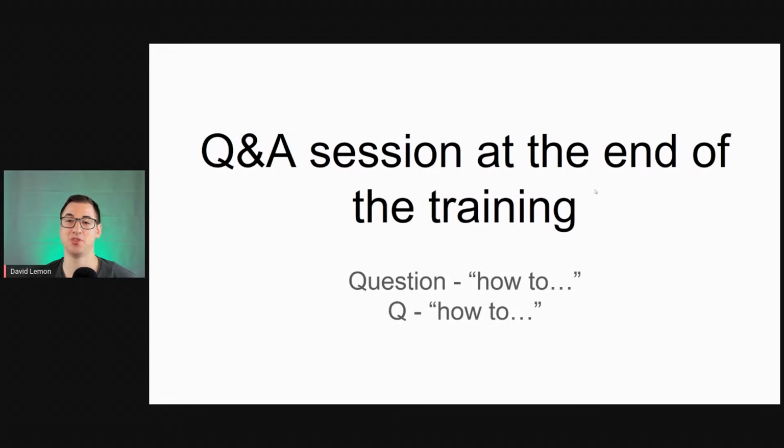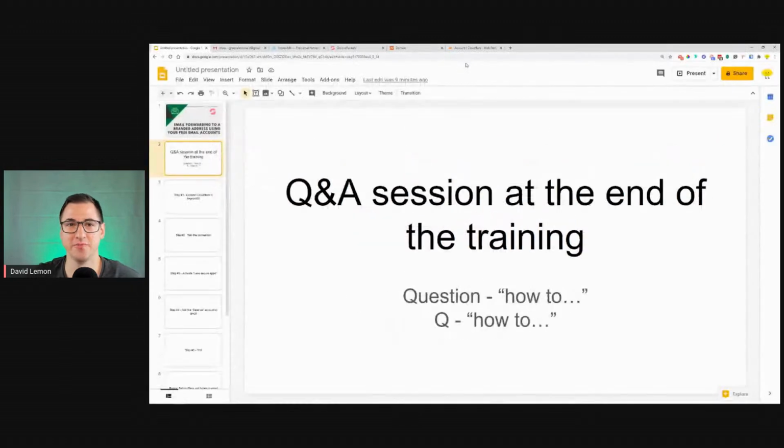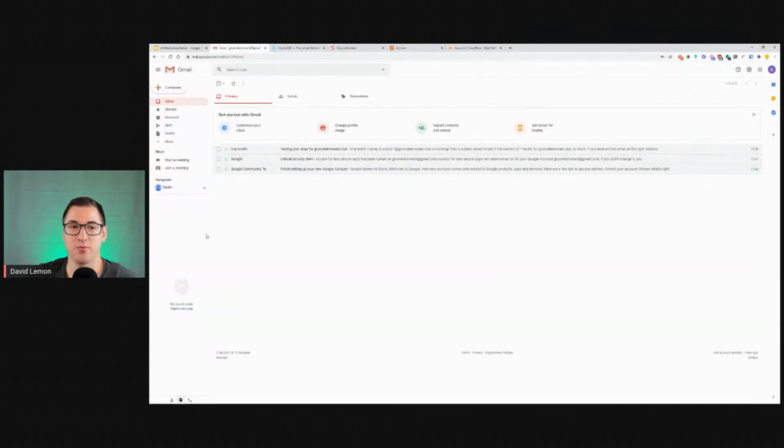I'm starting now. As I mentioned previously, what we will be doing is, let me just show you. It will be the easiest if I show you. I actually did this with a new email address. I registered a new Gmail address. As you can see over here, it's groovelemonade@gmail.com. This is my address.